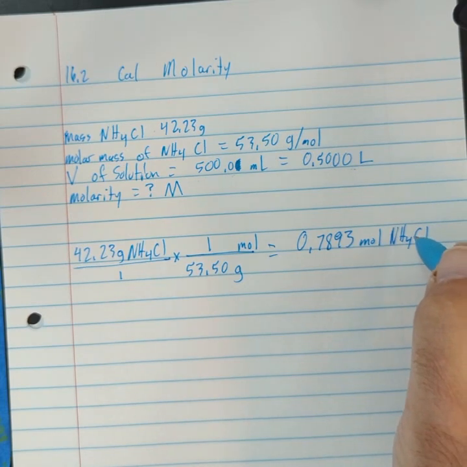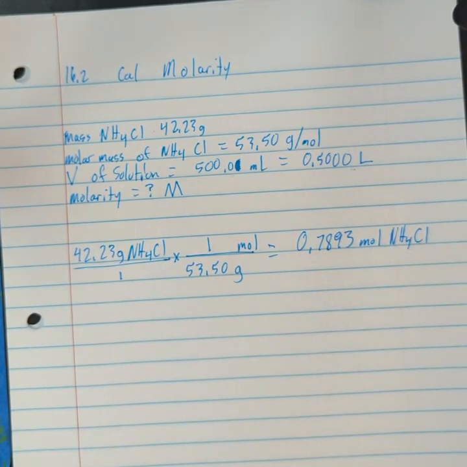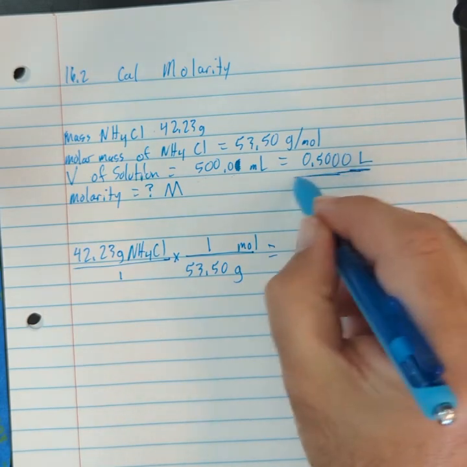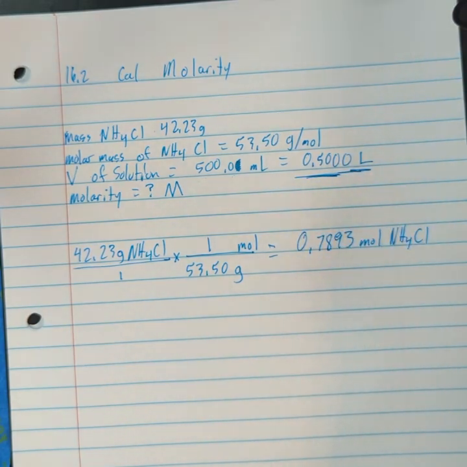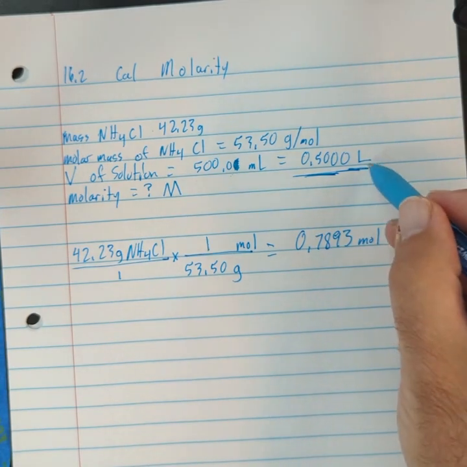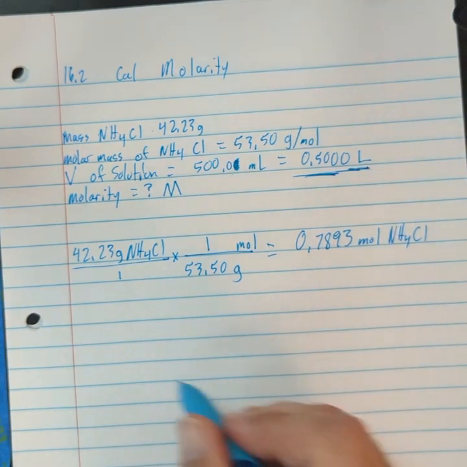Okay. Then the molarity is calculated by dividing by liters. Note that the given volume has been converted to liters. So we have to have liters up here, because that's molarity. Molarity is moles divided by liters, so your volume has to be in liters.